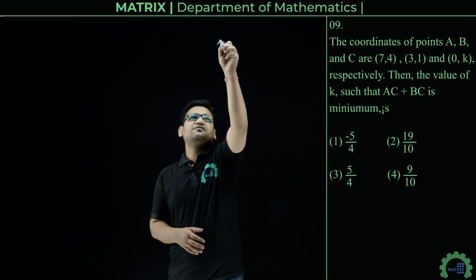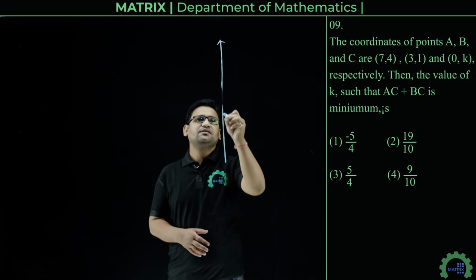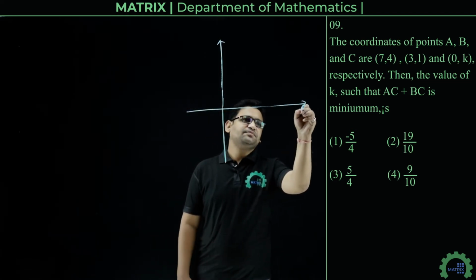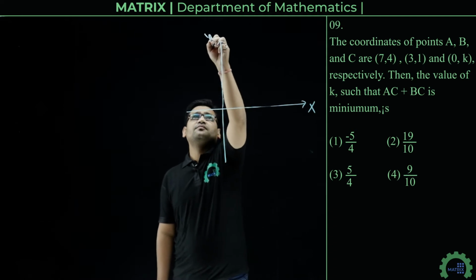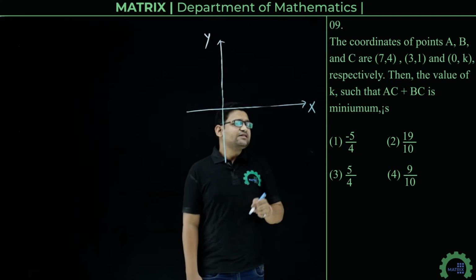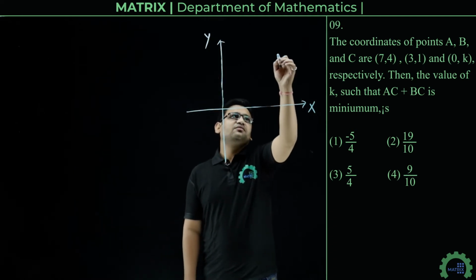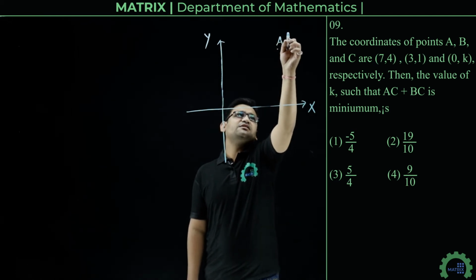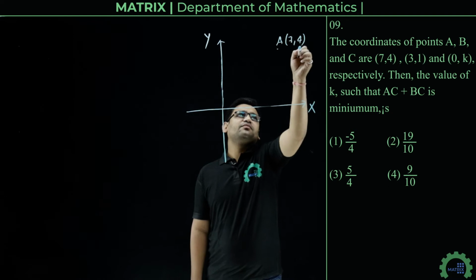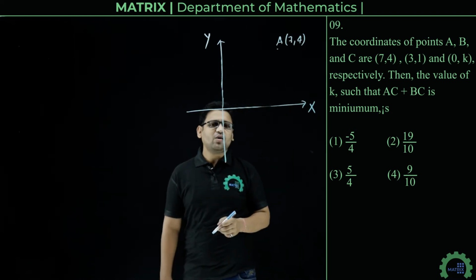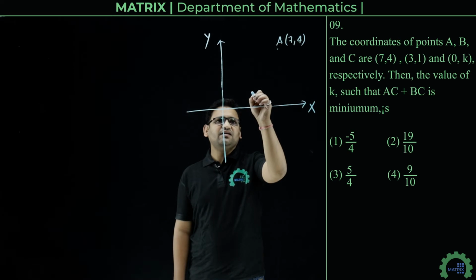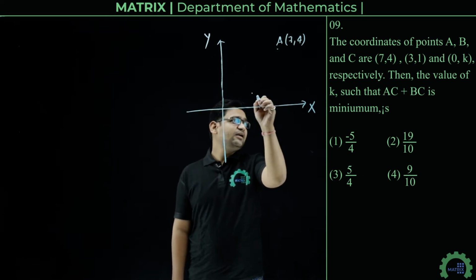So let's say this is the y-axis and this is the x-axis. The given point A, that is 7, 4, will lie near about here. So this is 7, 4, and point B is 3, 1, that will lie approximately here.